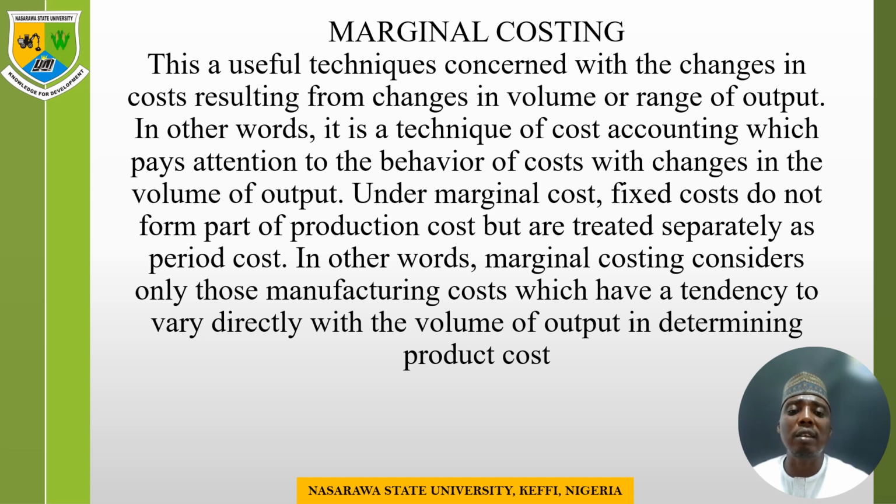have a tendency to vary, to change as the volume of activities increases. If the cost of materials, expenses, direct labor and variable overhead that you use to produce, let's say, 20,000 units of loaves of bread this week, and you decide to increase the production from 20,000 units to 25,000, you don't expect the cost of materials, labor, and expenses to be the same.